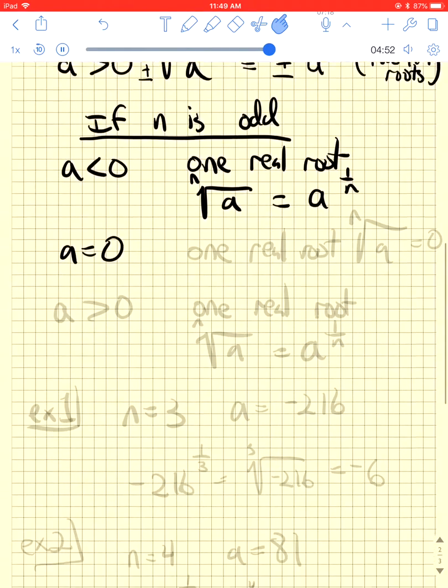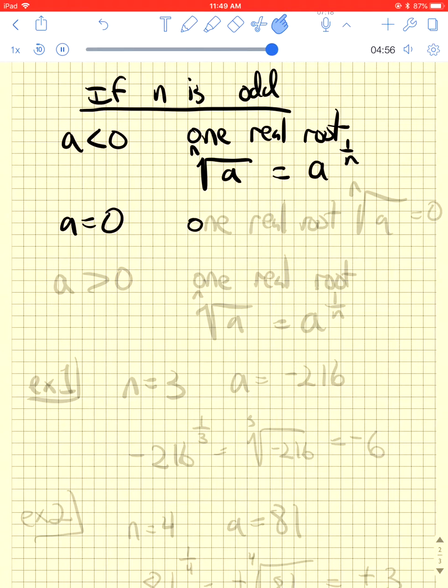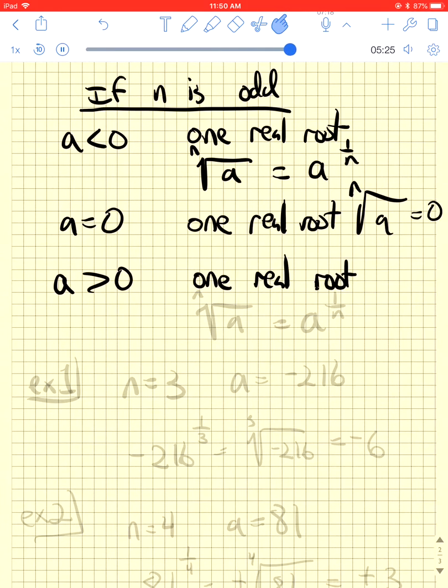If a is equal to 0, we have one real root, the nth root of 0 is equal to 0, because a is 0. And then the last condition is a is greater than 0, which is still one real root. So if n is odd, then you're usually just getting one real root. So this is going to be the nth root of a, which is a to the 1 over n.